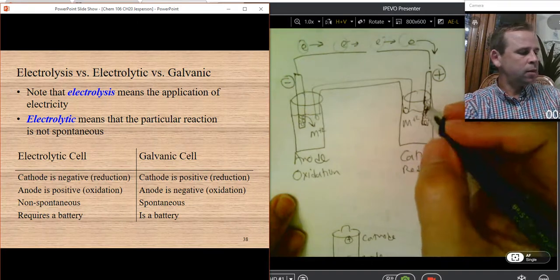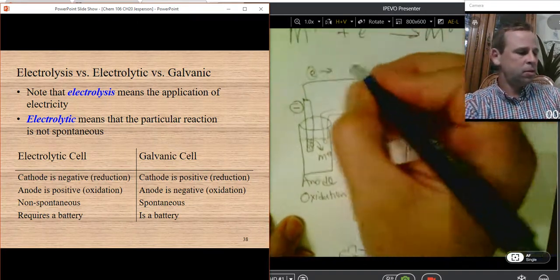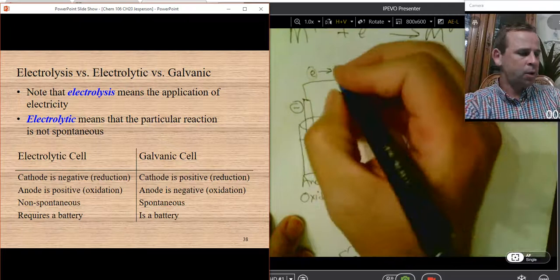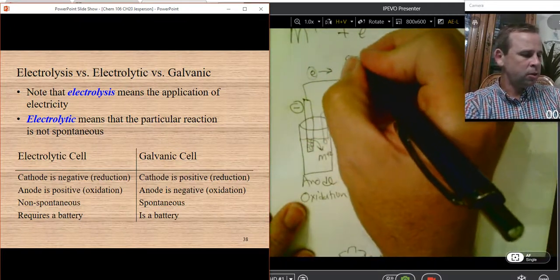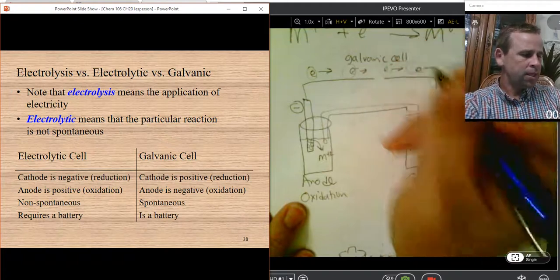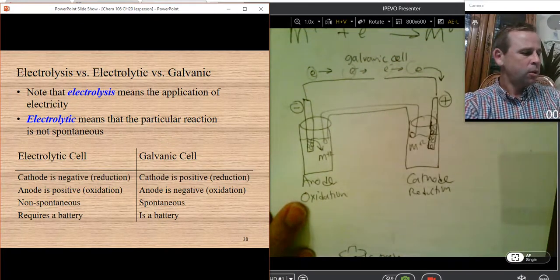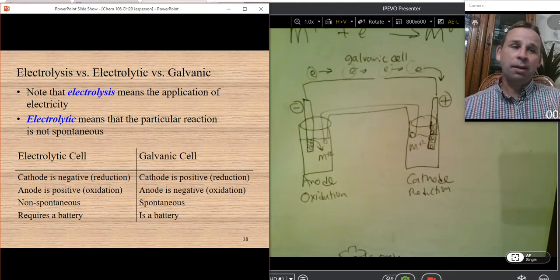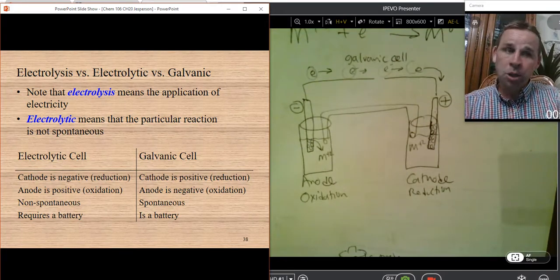And so electrons flowing left to right, anode to cathode, is called the galvanic cell. That's a battery. That's how a battery works. But if this is going to be an electrolytic cell, it's what you need to do if you want to make metallic metal from its ions, or charge a battery.